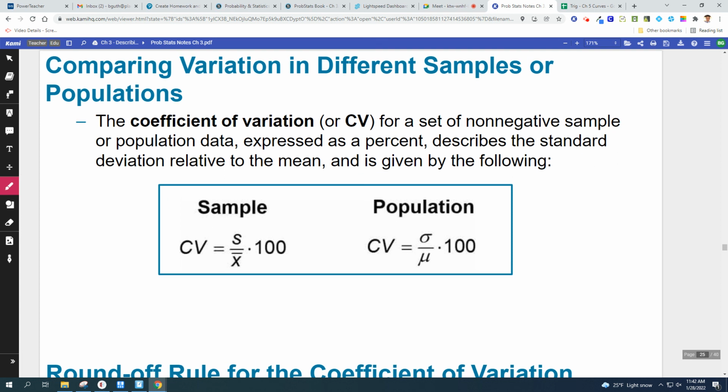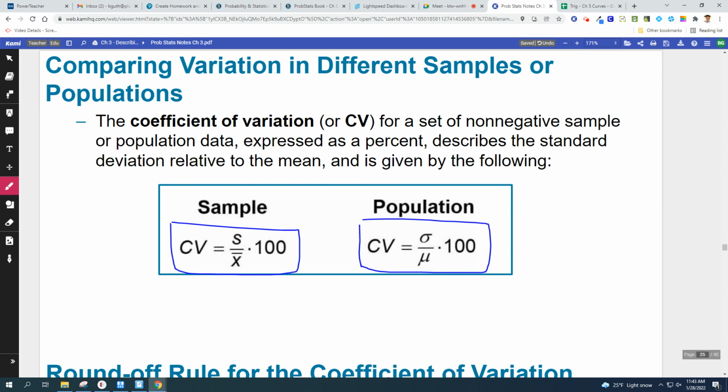Comparing variation in different samples or populations. The coefficient of variation for a set of non-negative sample or population data, expressed as a percent, describes the standard deviation relative to the mean and is given by the following. So we have 2 formulas here: the coefficient of variation for a sample and the coefficient of variation of a population.